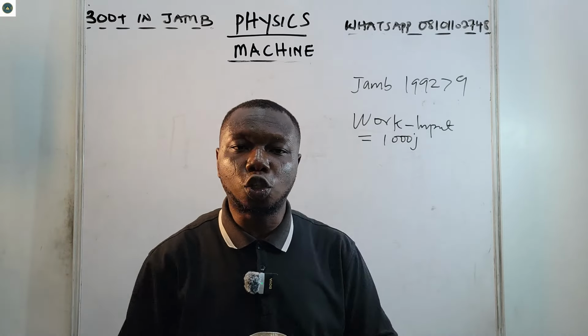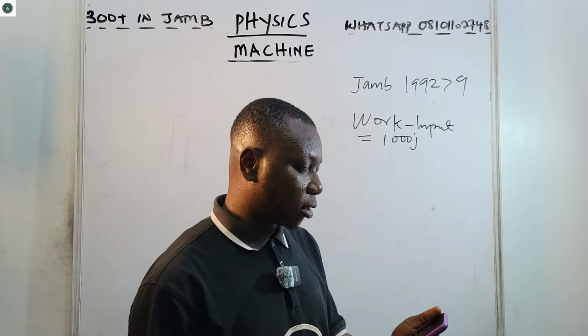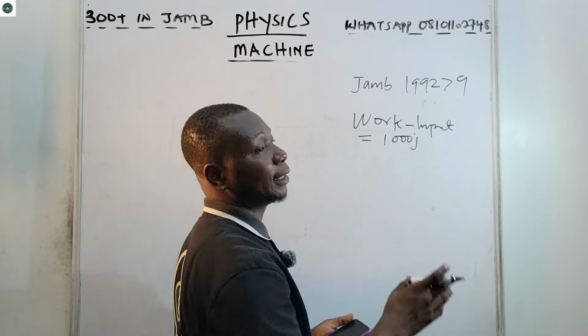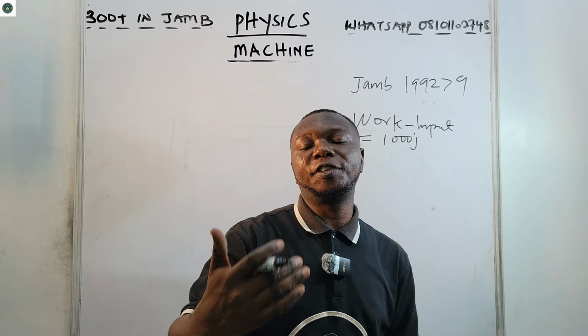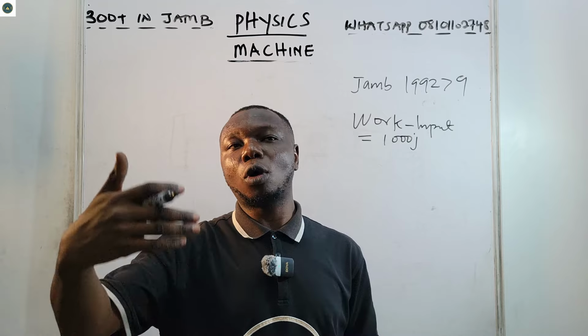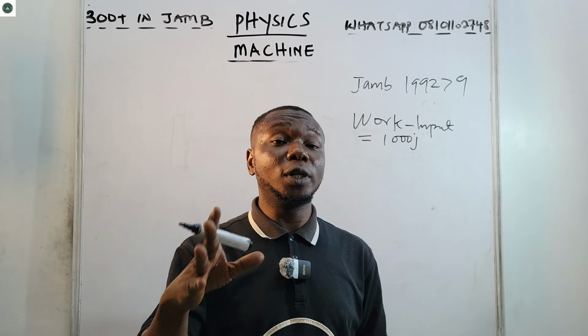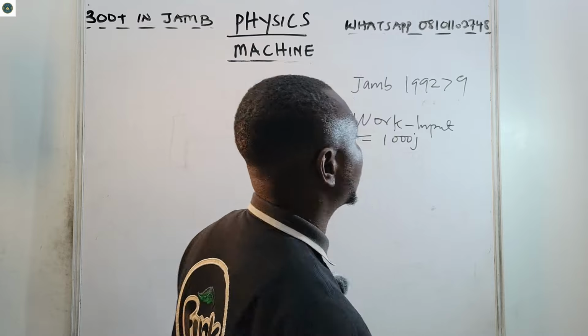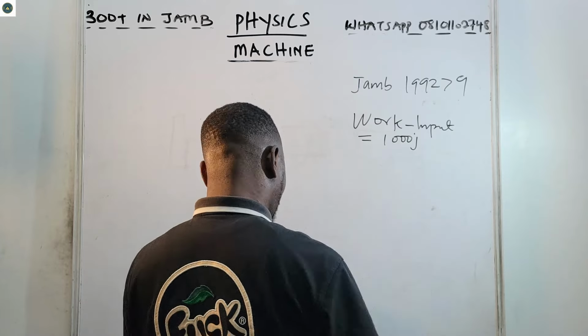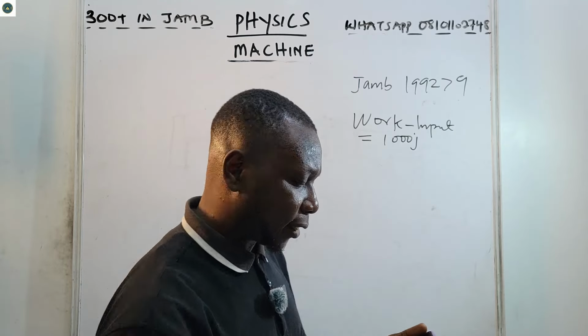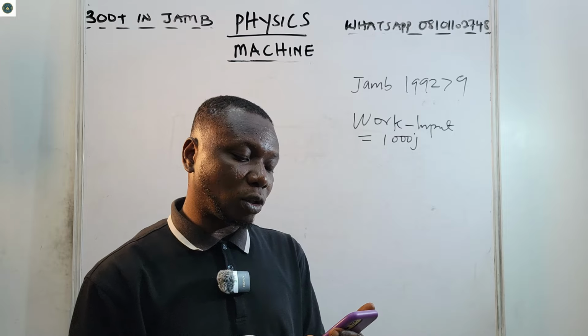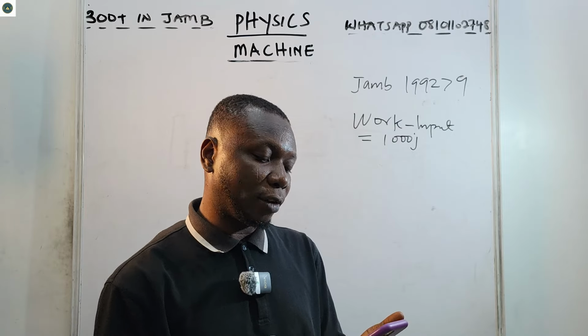Now, what you are inputting is always greater than your output, because the efficiency is work output over work input. Okay? The input is always greater than the output. So work input is 1,000 joules. Now, he said a machine requires 1,000 joules of work to raise a load of 500 Newton.